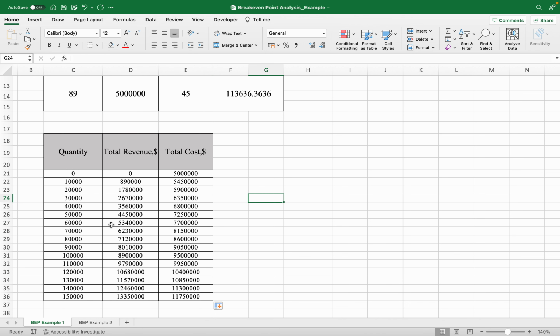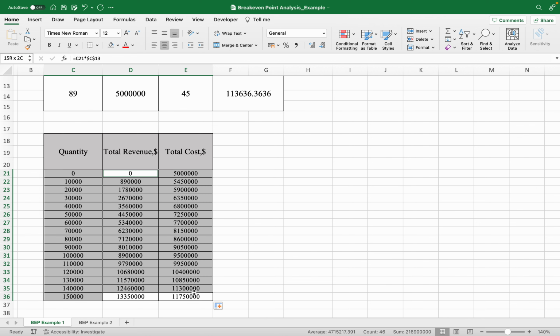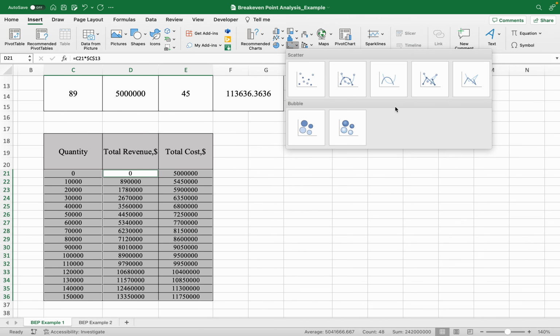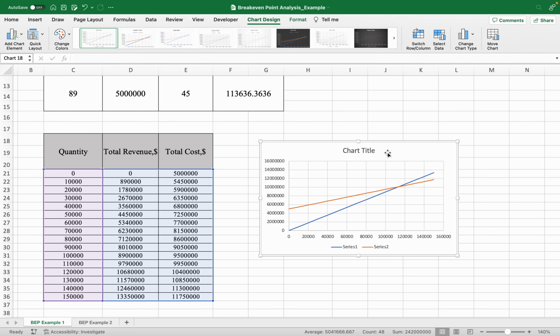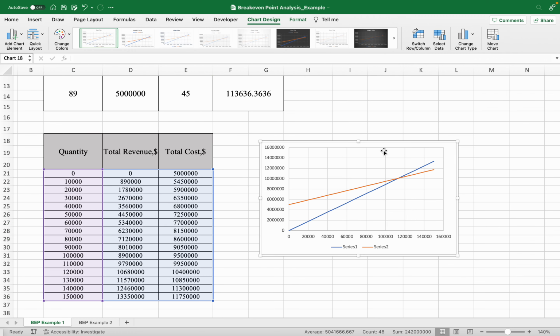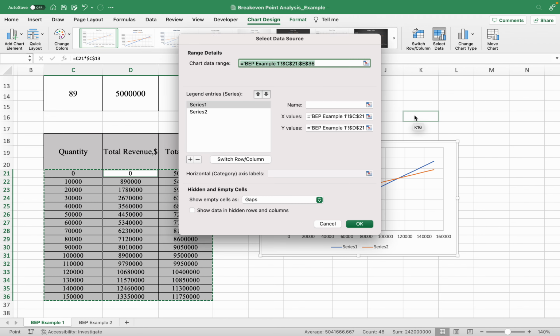And to produce a graph, highlight this, press Command or Control depending on whether you're using Mac or Windows, and highlight the rest. So this makes the quantity the x-axis and the total revenue and total cost the y-axis. Insert and draw a graph like this. Okay, so we have our graph. Now let's just label it a bit.